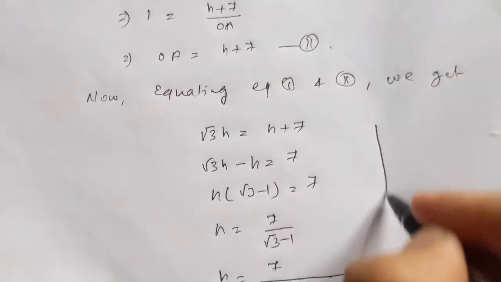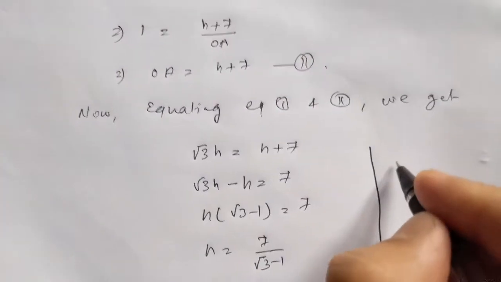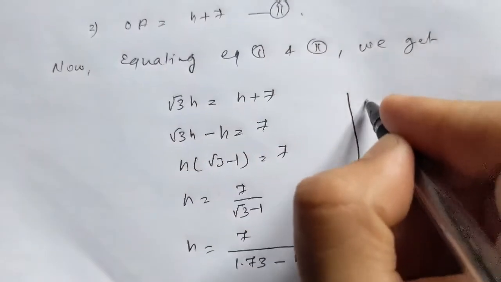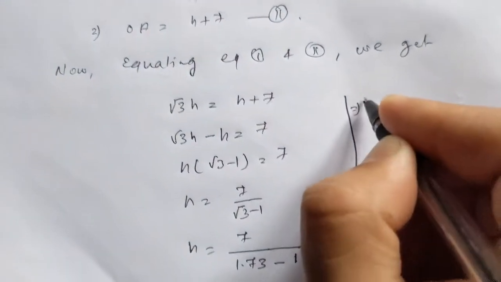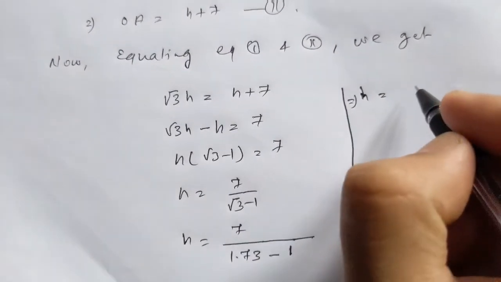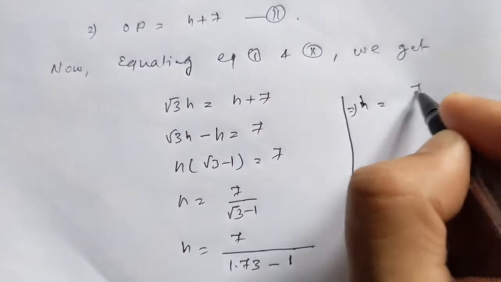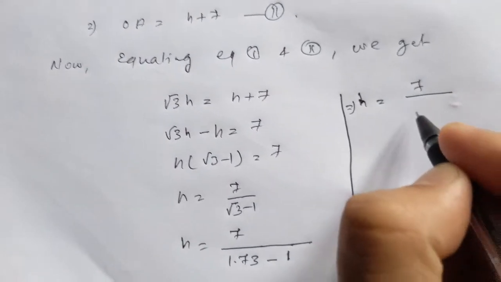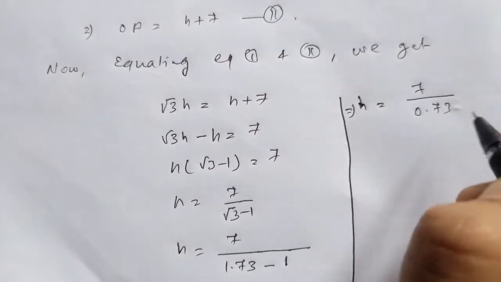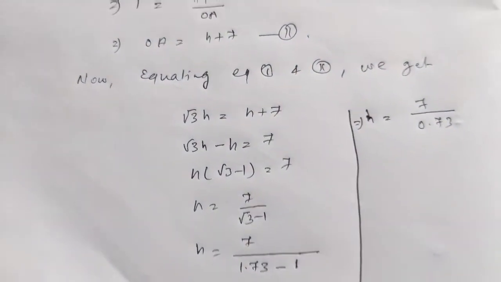This is 1. So here I am going to solve. H is equal to 7 divided by, if you subtract, 0.73.